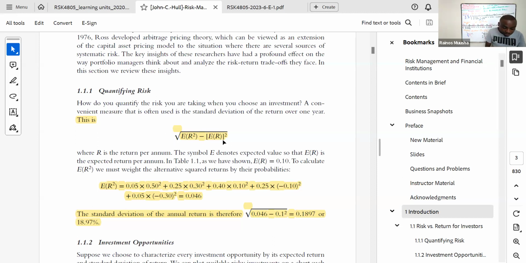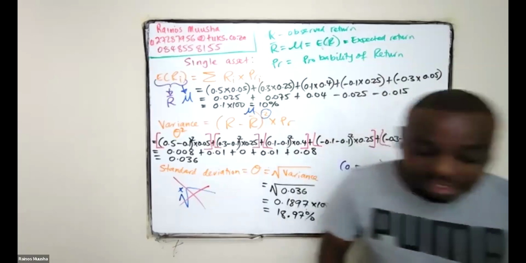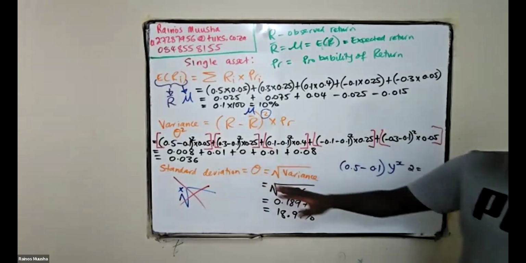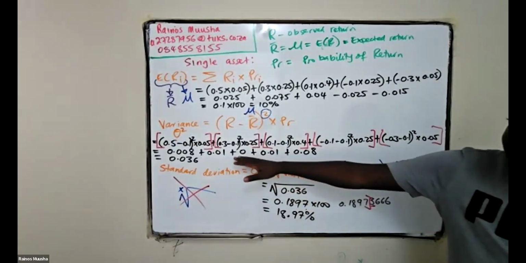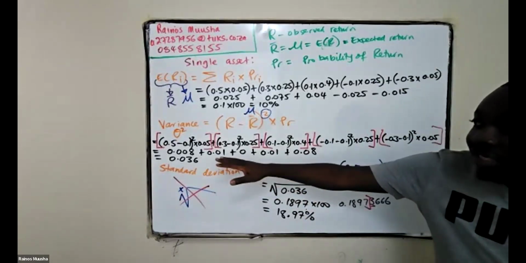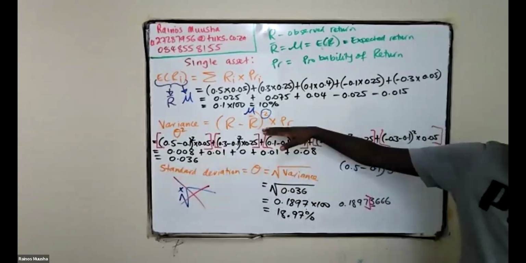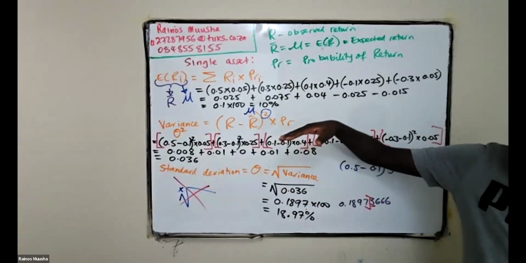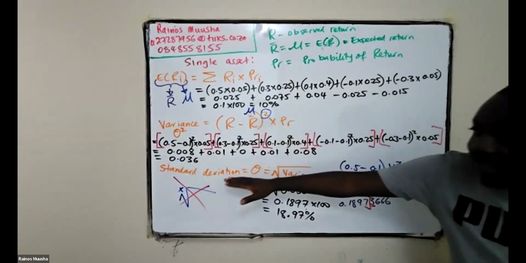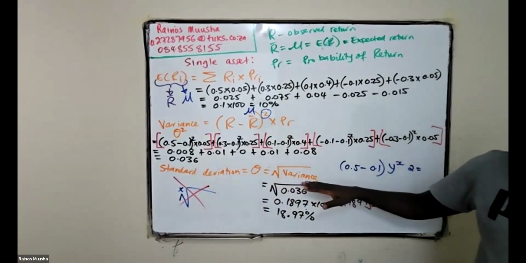So there is another method of quantifying standard deviation as shown in the textbook, but don't worry about it. Rather use this method to determine the variance, which I'm assuming you should be familiar with if you've studied financial management or investment or any finance module, and then the standard deviation using this.